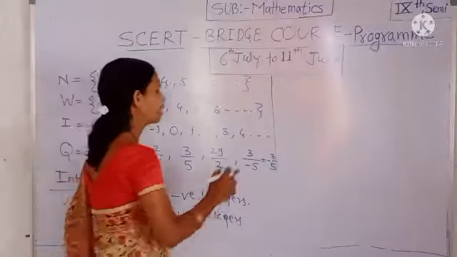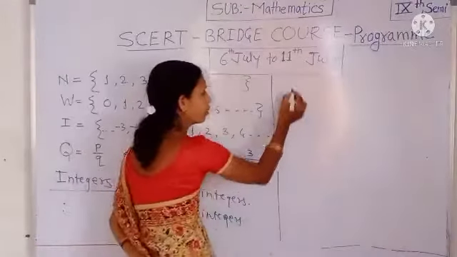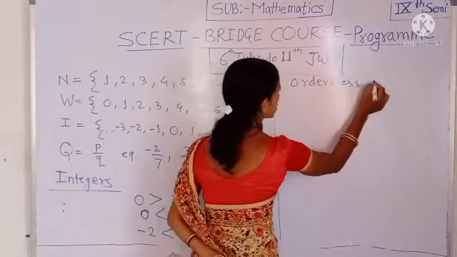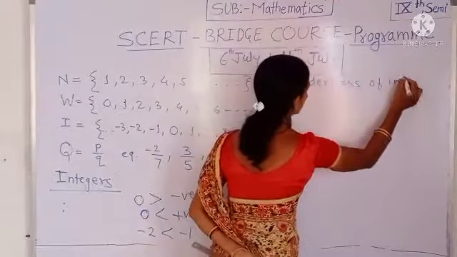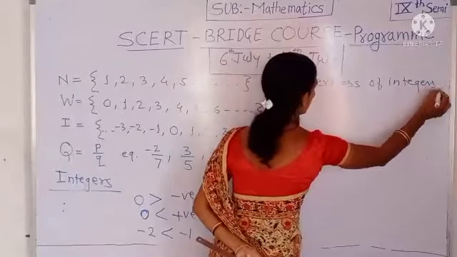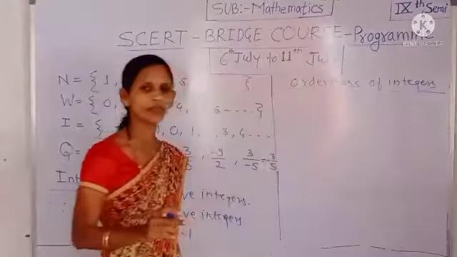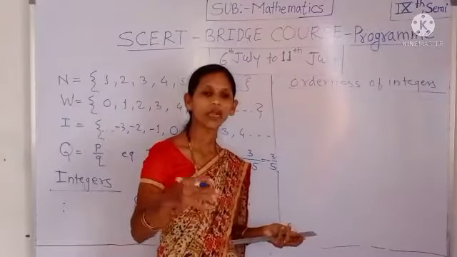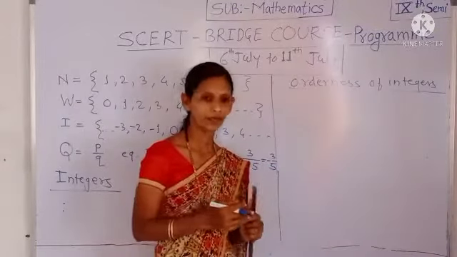Therefore, we can write a few examples of the orderness of integers. That means we can determine which integer is smaller and which one is greater.